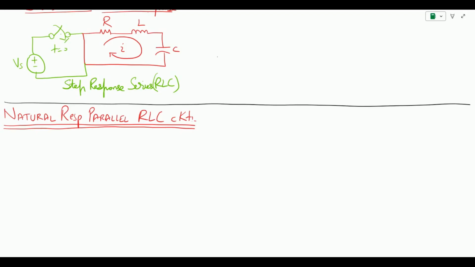So our basic configuration will be as such. We will have a capacitor in parallel connected to an inductor, and then it will be connected to a resistor. And since all these elements are connected in parallel to each other, we are going to first derive the expression for the unknown voltage which is appearing across the resistor, inductor and the capacitor.